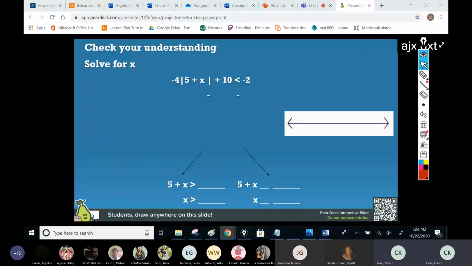Hey, Surveil, I typed some feedback. Can you check the feedback that I gave you? And then what do we do with the x? Think about what you should do with the 5. That's what you should think about.